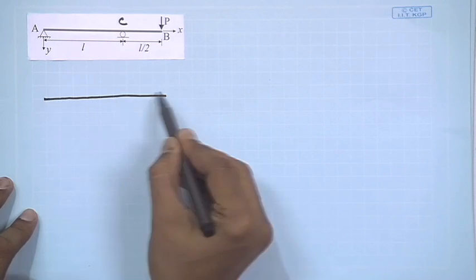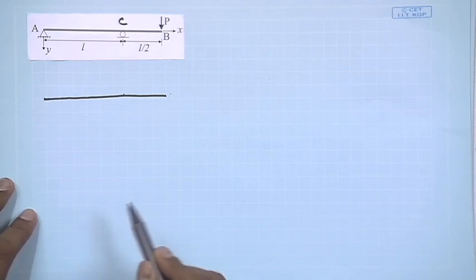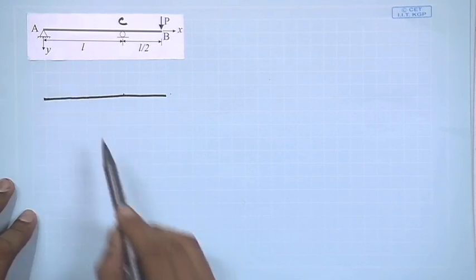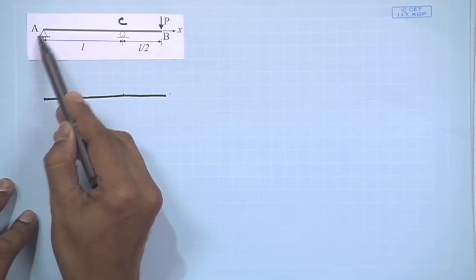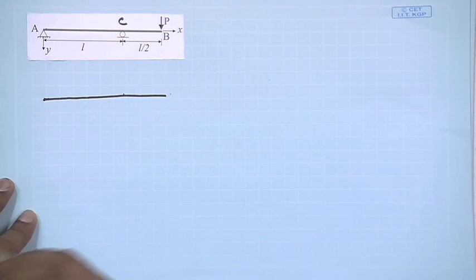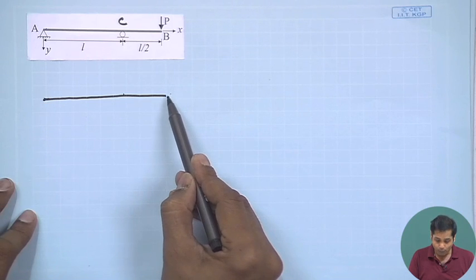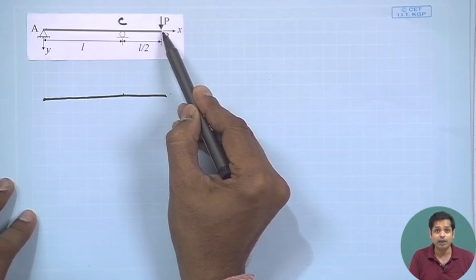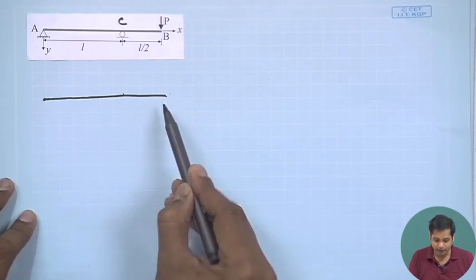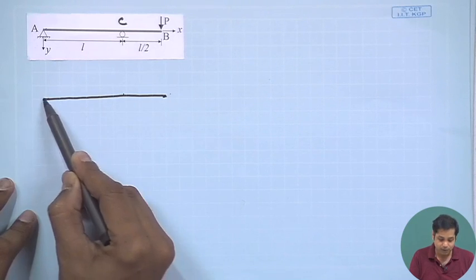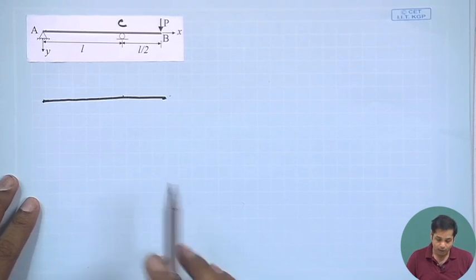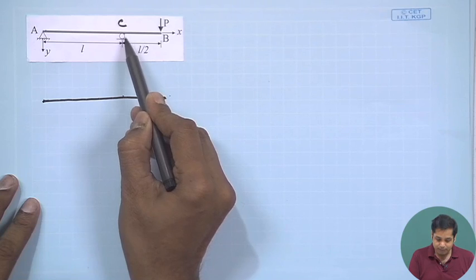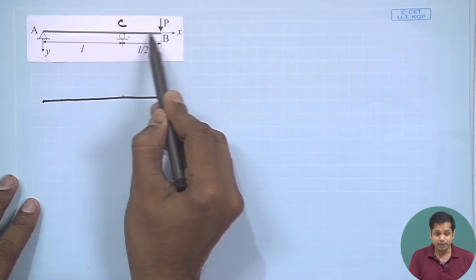Without any calculation, how can we find the bending moment diagram? This is point A, this is point C, this is point B. Point A is a hinge support, so naturally the bending moment will be 0 here, and point B is the tip, there is no externally applied load here, so the bending moment will also be 0 here. Now between C and B there is no other load.